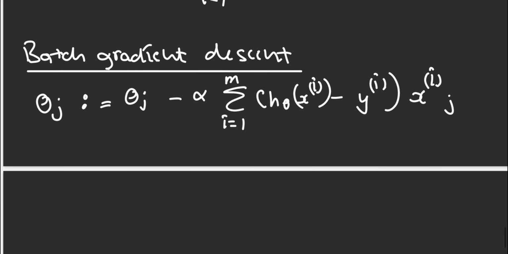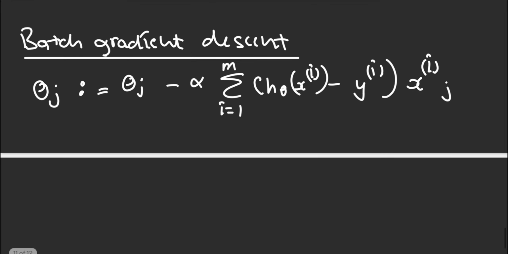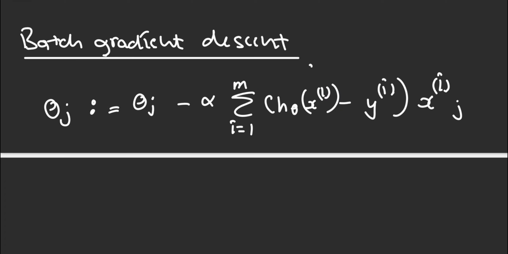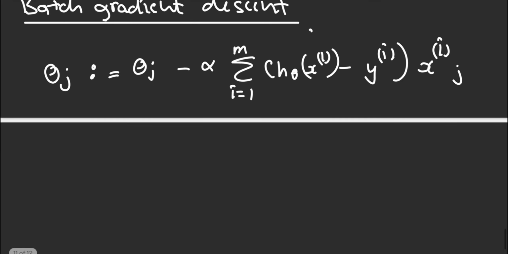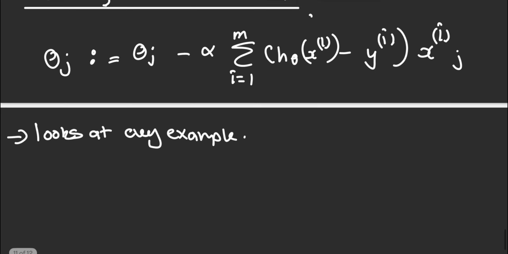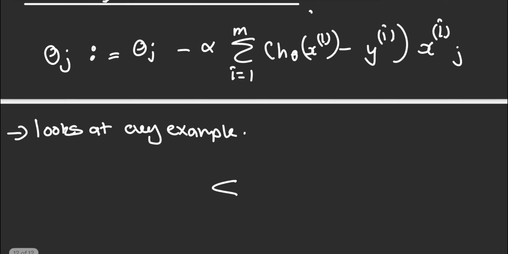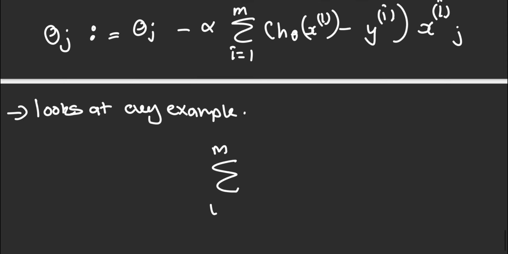This is the gradient descent algorithm, the steps we take to update and get values of theta. We have what we call batch gradient descent, and what this does is it looks at every example. First it looks for the summation of m, i equals 1.